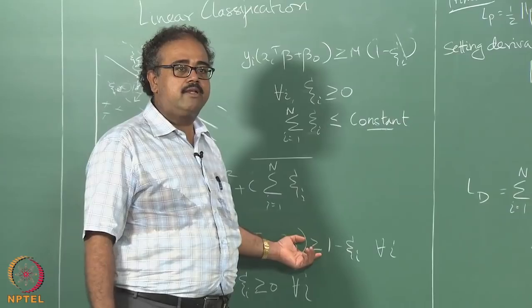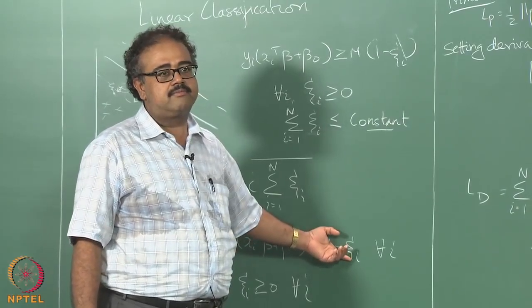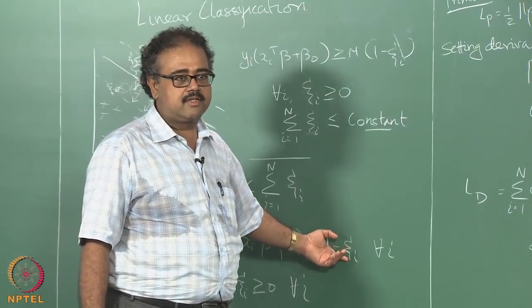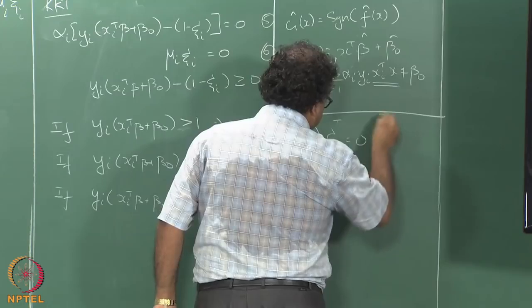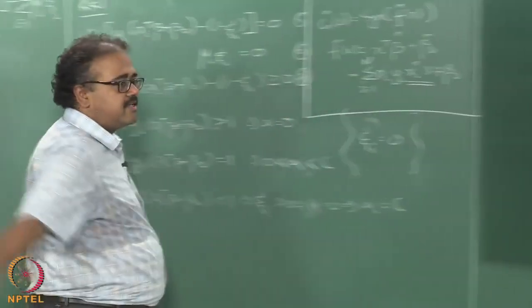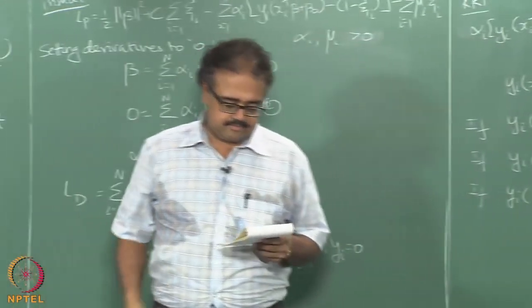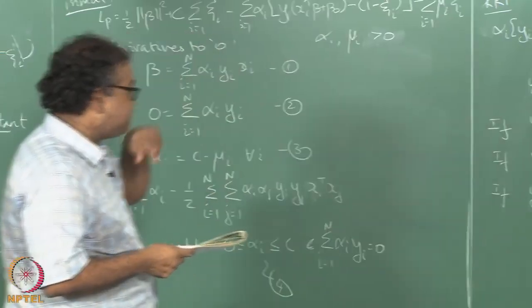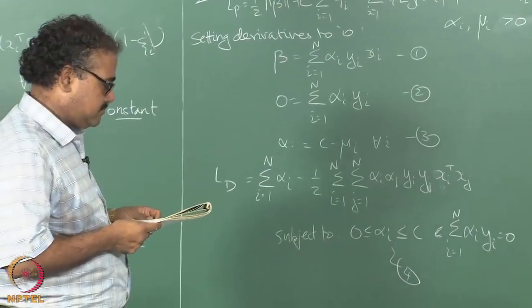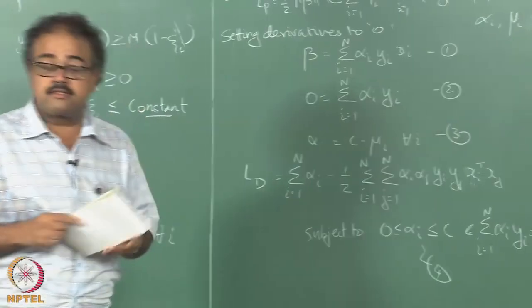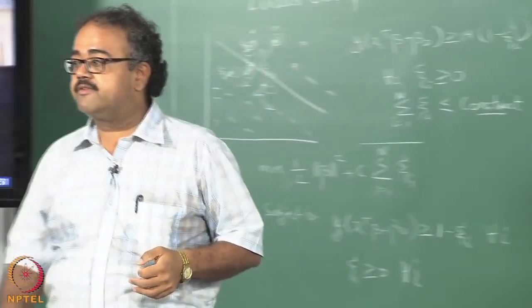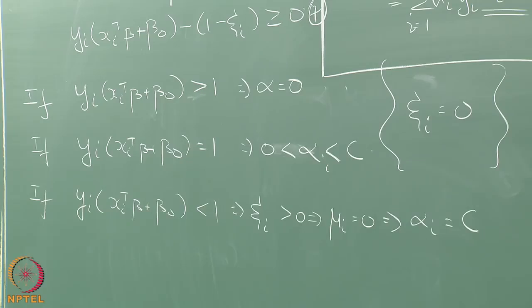So if it is equal to 1, I can set xi to 0. So in both these cases xi is 0. Does that make sense? Everyone with me here? So what are all the support vectors?